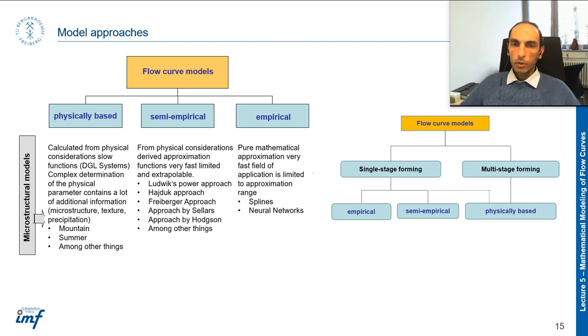A good example of these empirical models is the neural network, which is like the new generation of models. In a neural network, you repeat the experiments many times, and you save, for example, the flow stress for the material at different temperatures, strain rates, and different conditions.